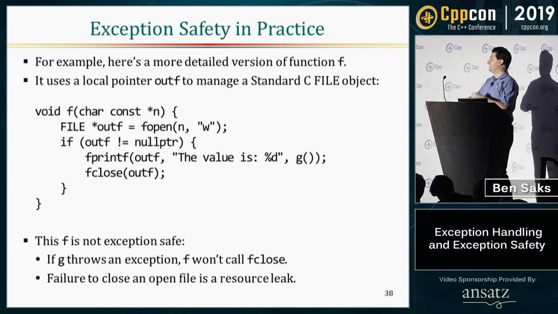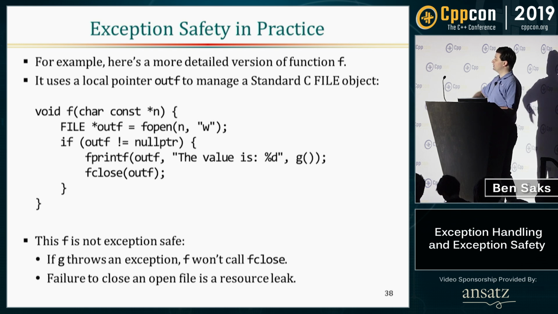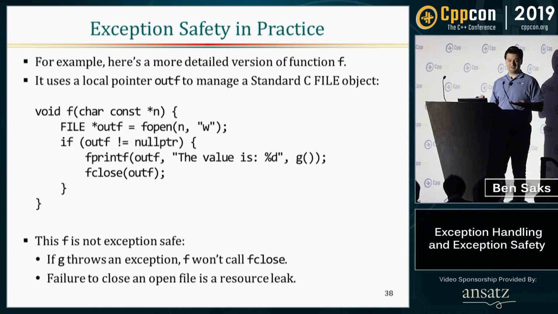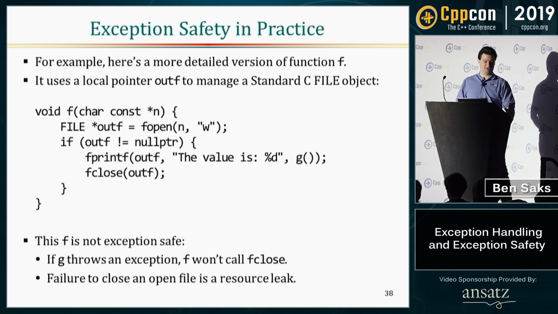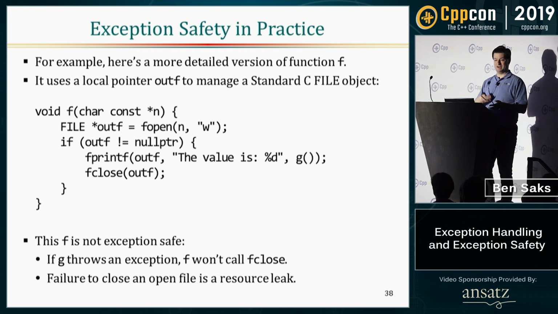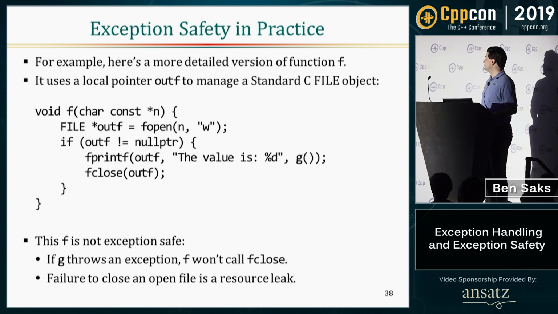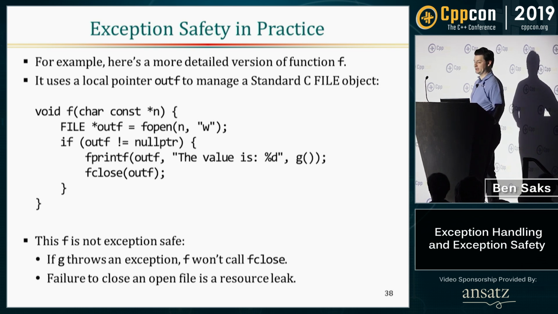As a result, the file will remain open. We would destroy the pointer out f, but that's a built-in object of type pointer. Pointers don't have destructors. That's why we usually have things like delete paired with new. So in this case, the file would remain open and we'd have a resource leak.